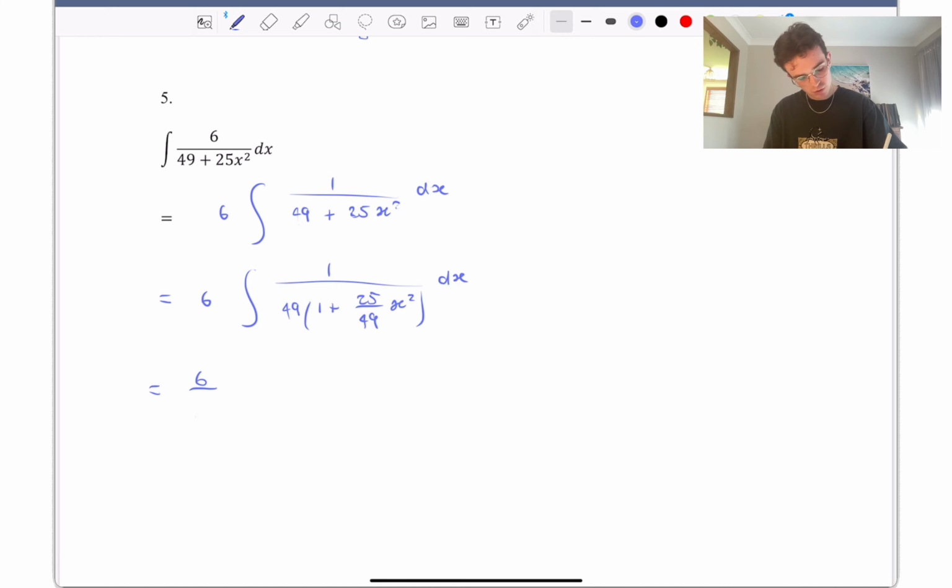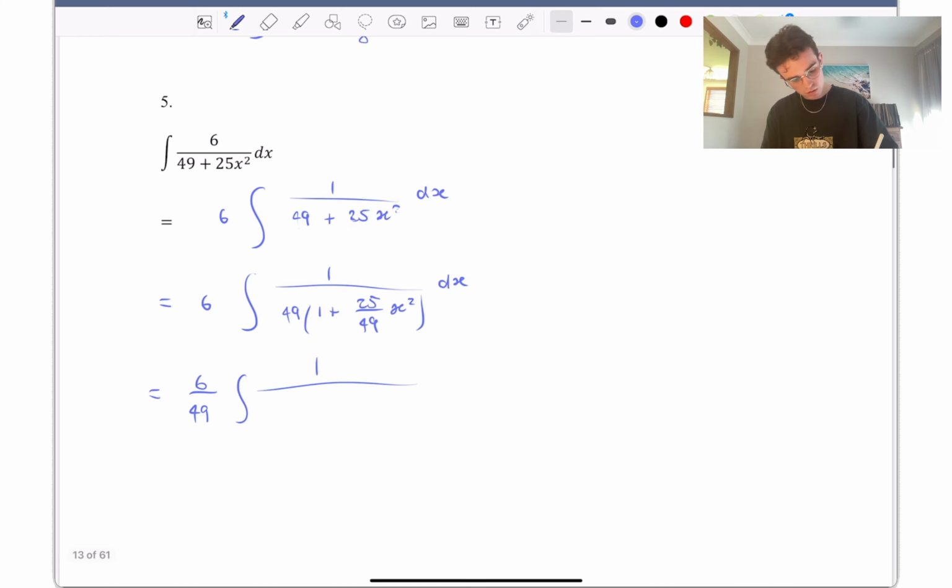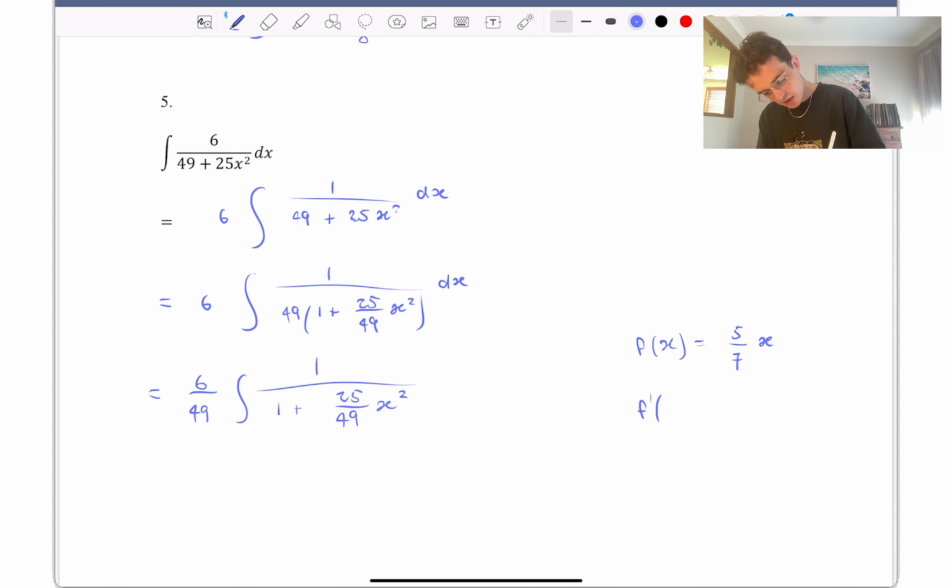So 6 on 49 times the integral of 1 over 1 plus 25 on 49 x squared. Now we know f of x squared is equal to 25 on 49. So f of x, square root that, 5 on 7 x. And f dash of x is 5 on 7.